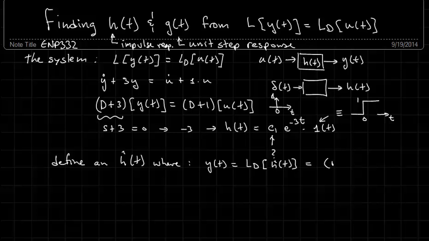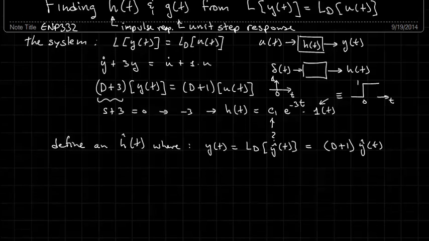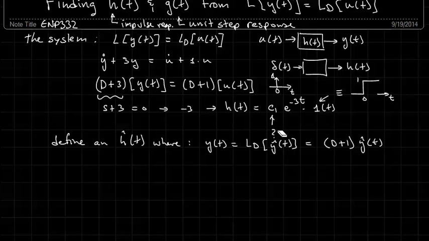In other words, D plus 1 operating on y hat. So it's kind of an implicit definition because we're not expressing y hat equal to something, instead we're expressing y as a function of y hat.